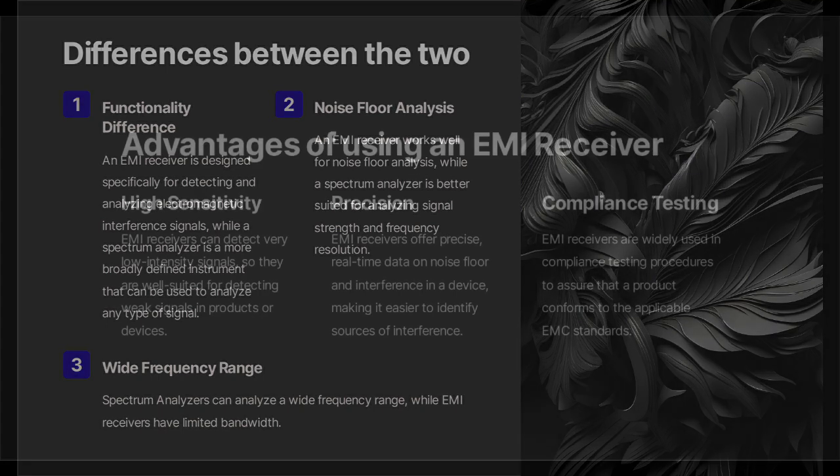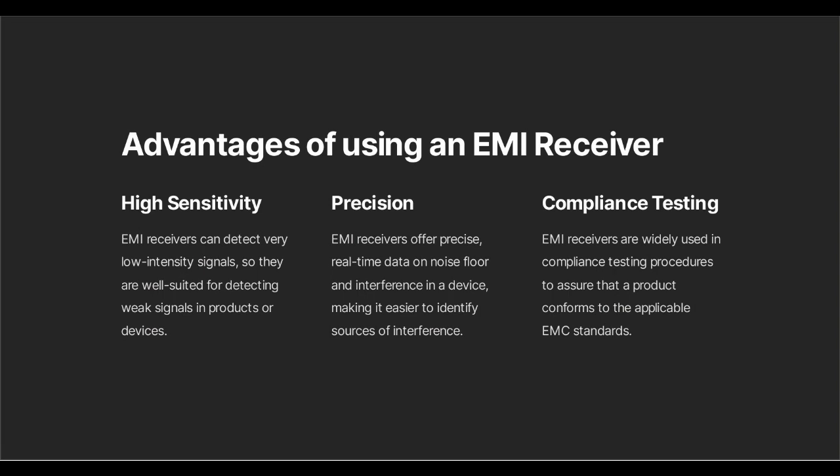So we have to understand the advantages of using EMI receivers. The first advantage is high sensitivity. An EMI receiver can detect very low intensity signals, so it is well suited for detecting weak signals in a product or devices. Precision.